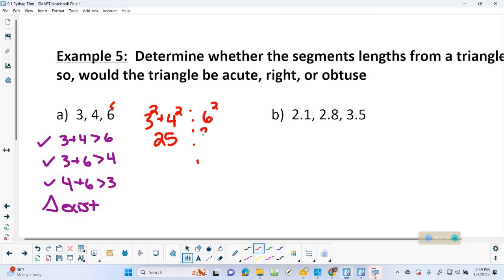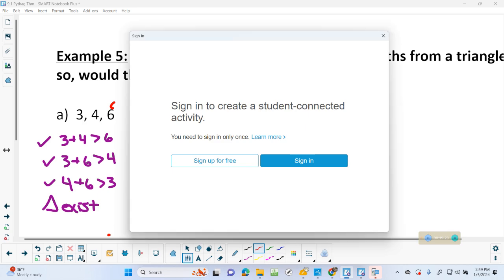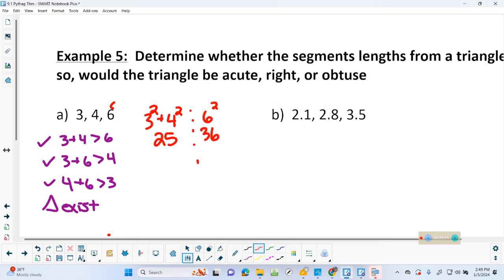And we all know 6 squared. So would you classify that as acute, obtuse, or right? And it all hinges from c squared. I heard it, obtuse. Clearly not equal, so not right. C squared, of course, 36 is bigger, so obtuse.